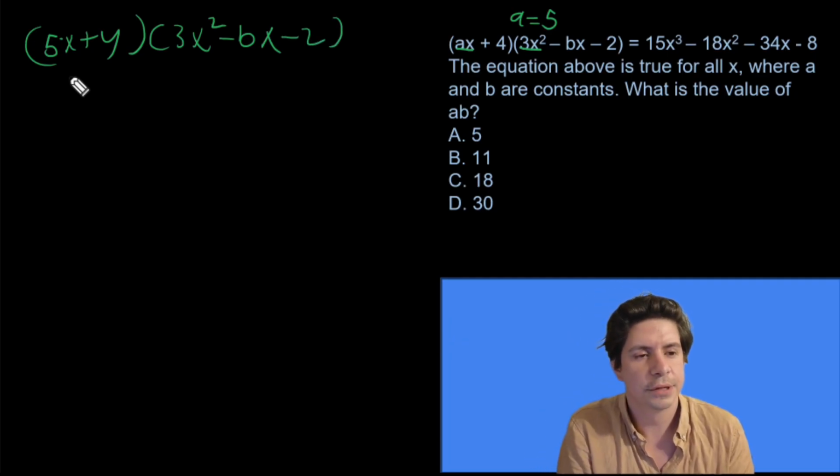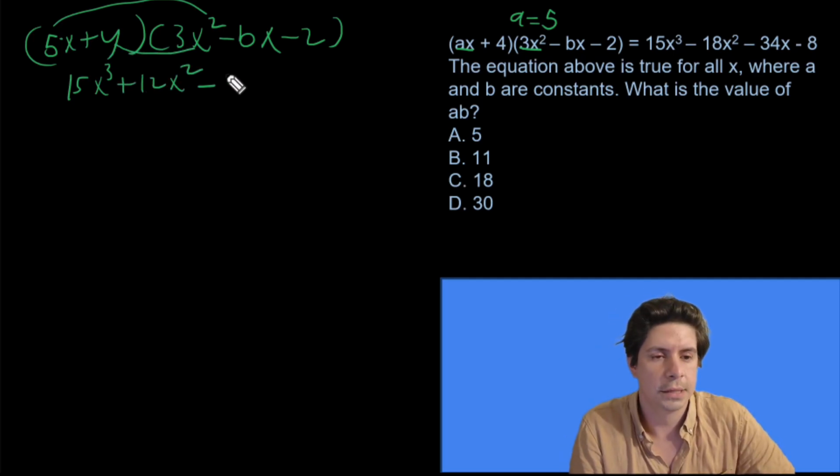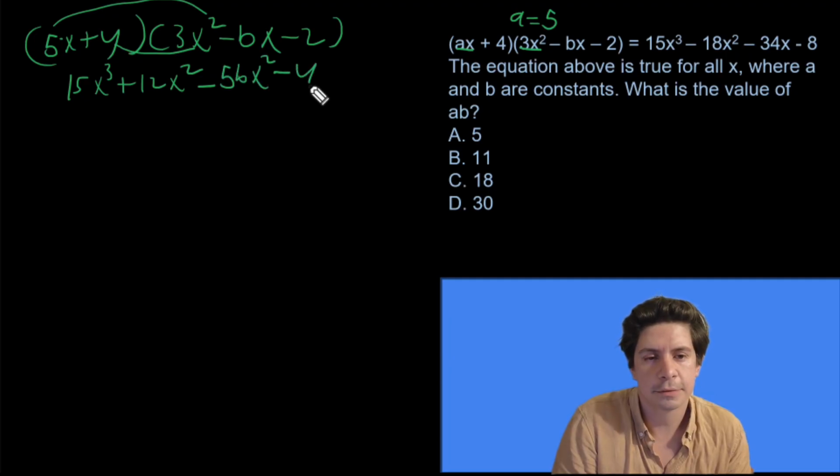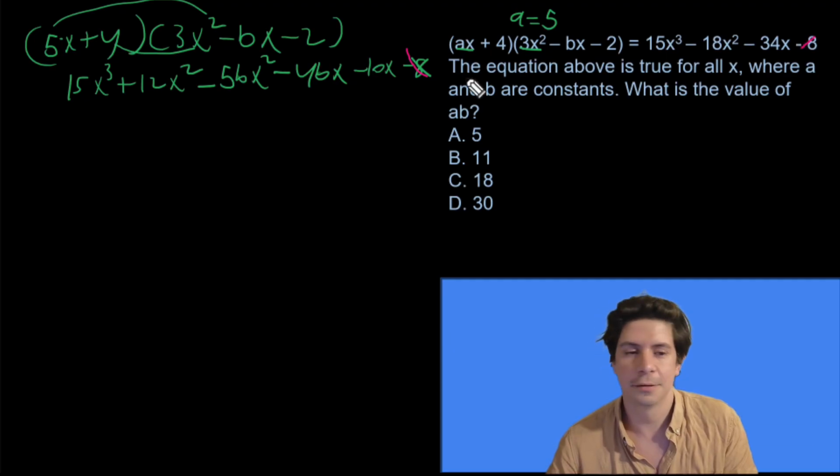And now from here we're going to get 15x cubed when I multiply this, times 12 plus 12x squared minus 5bx squared minus 4bx minus 10x minus 8. So now the minus 8 cancels with this minus 8 here.